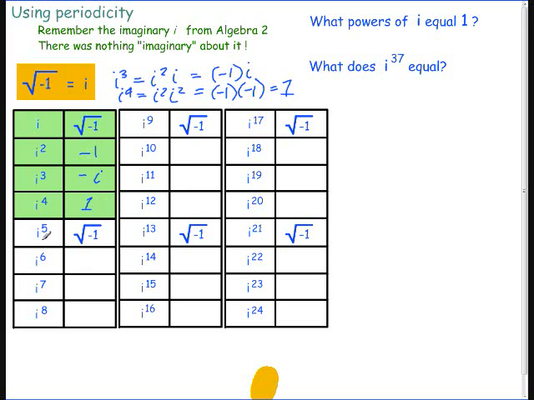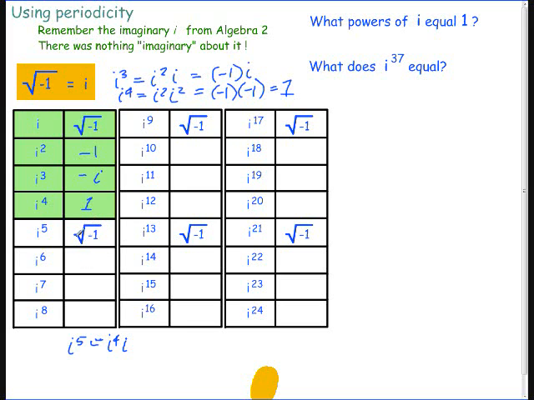Very nice result. So +1. If we have i to the 5th, that's the same as i to the 4th times i, which resolves to 1 times i, and 1 times anything is whatever it was.